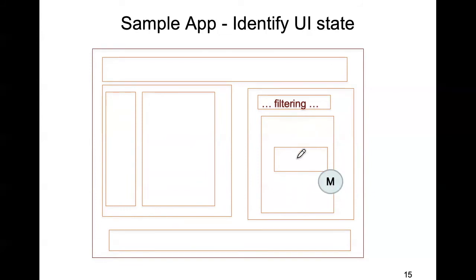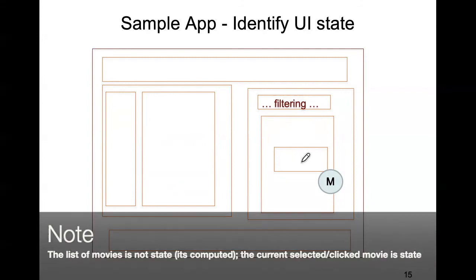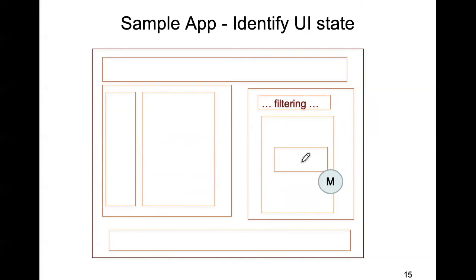And because the user can interact with any of the movies on the list, they can click them, by selecting them, then because we can interact with it, that is a candidate for state data. That's number one.